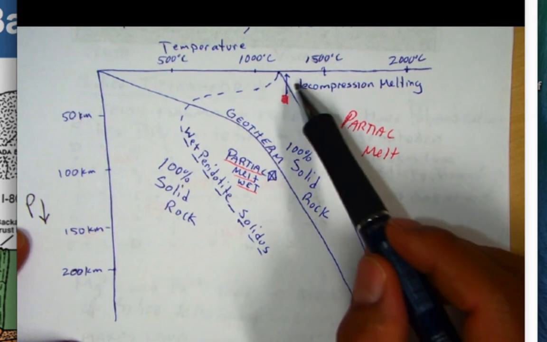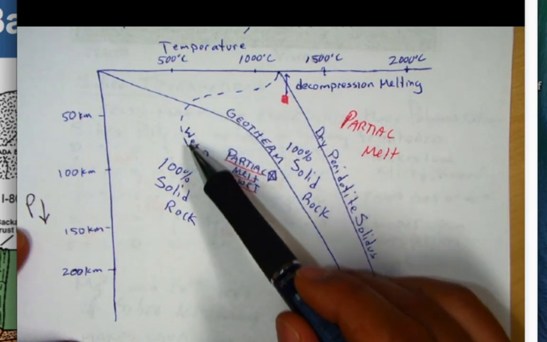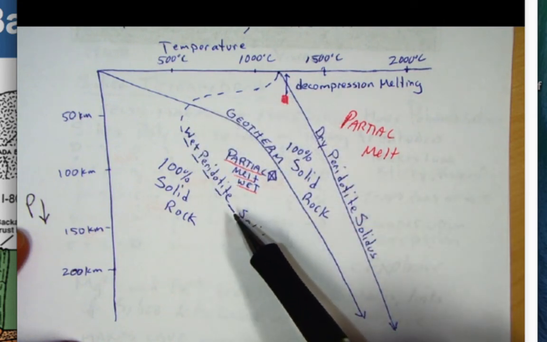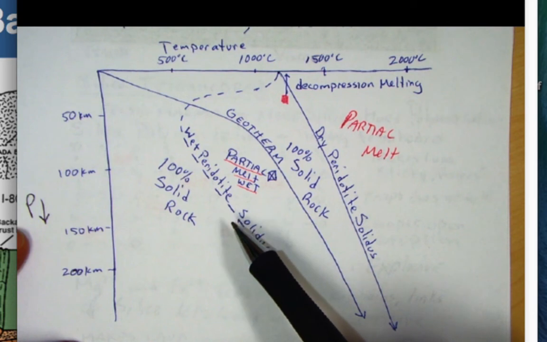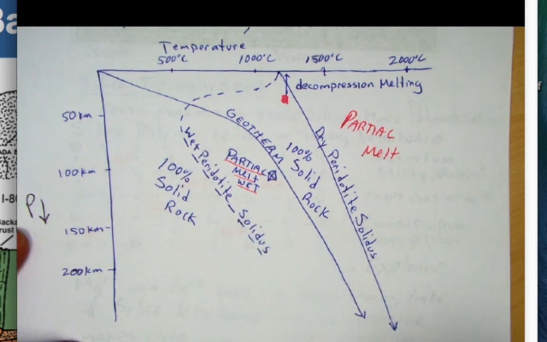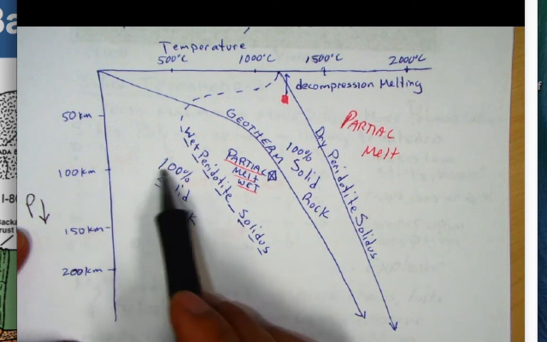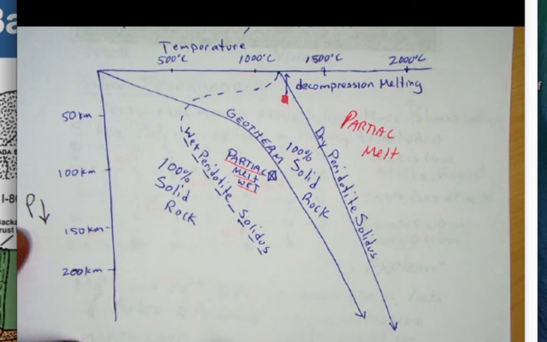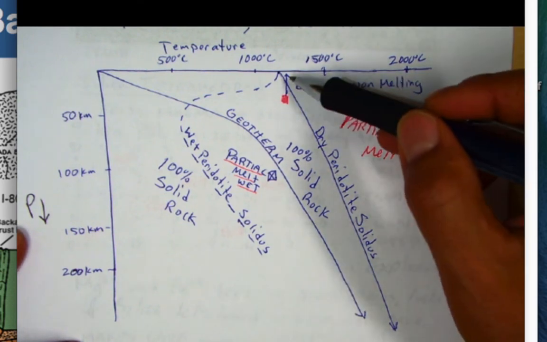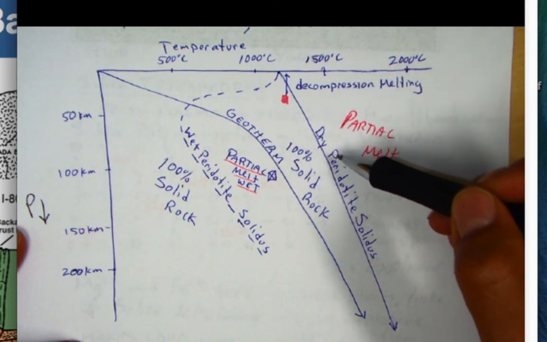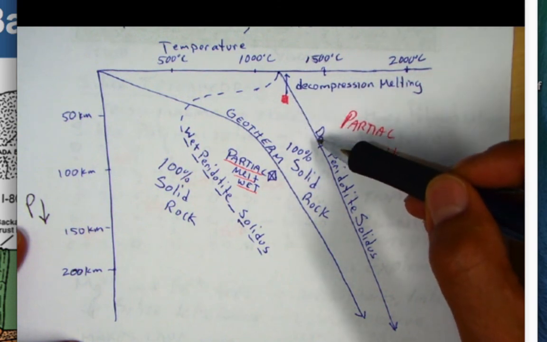And this other dashed line I've drawn here are conditions for when you put water in the mantle at subduction zones. Remember, when you have a subduction zone, that ocean lithosphere is hydrated, and when it gets down to about 100 kilometers, it's going to experience melting because of that water being released, and it's going to change conditions here.